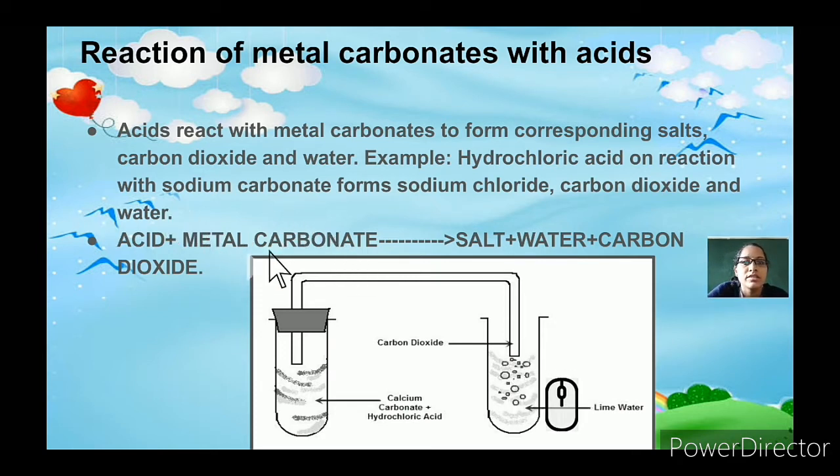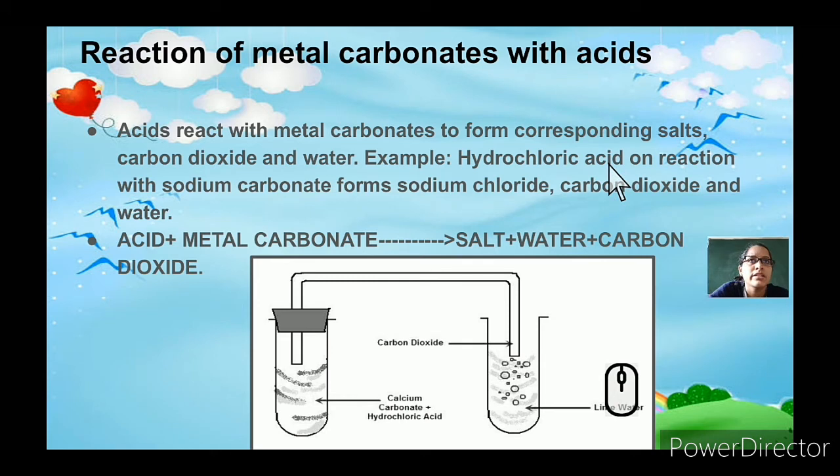Previously we saw acid reacts with metal to give salt and hydrogen. Here there is a slight difference on the product side. When an acid reacts with metal carbonate, it forms salt and releases water, and also a gas. Which gas is released here? It is carbon dioxide.